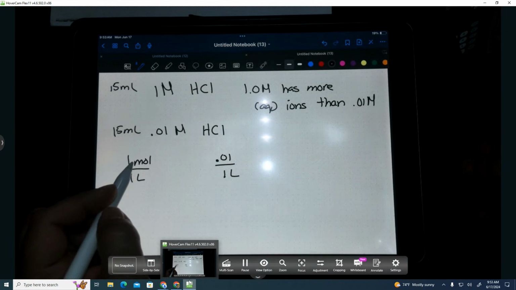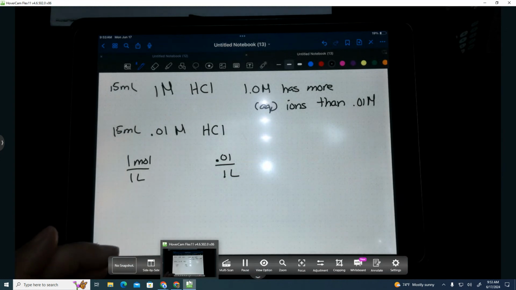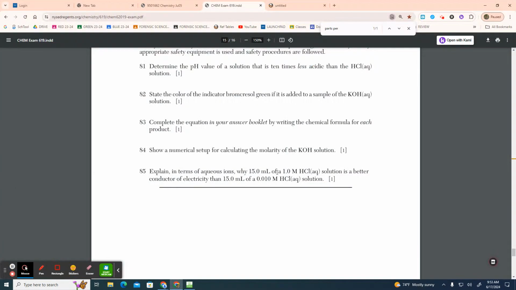1 mole. So it says in terms of aqueous ions, why is this one a better conductor of electricity? The more ions you have, the more it is going to conduct electricity, because electricity is the movement of ions or electrons, depending on if you're talking about a solution or a metal.